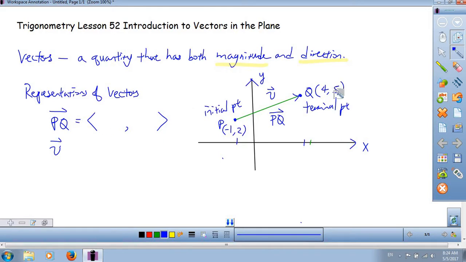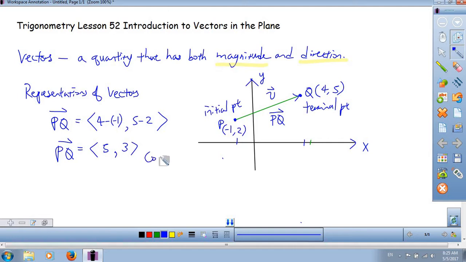The X component is going to be the difference between the X values, 4 minus -1, and the Y component is going to be 5 minus 2. So in this case, our PQ vector can be written as <5, 3>. It has an X component of 5 and a Y component of 3.